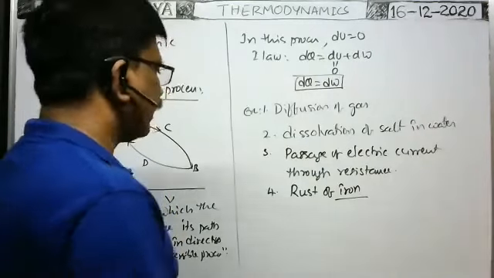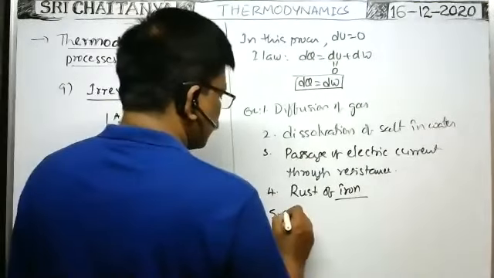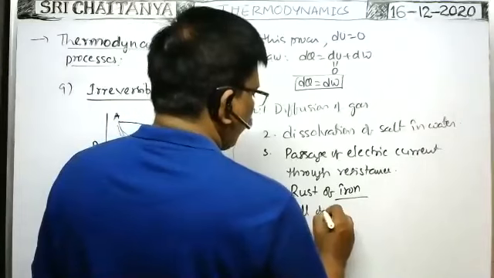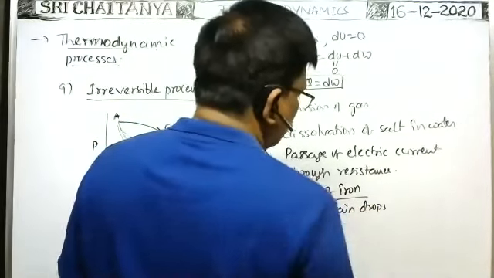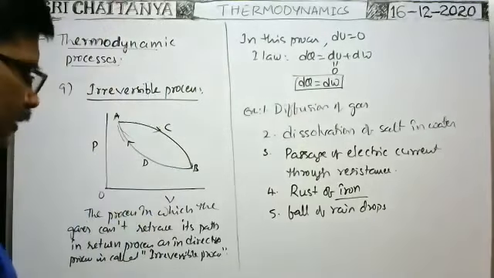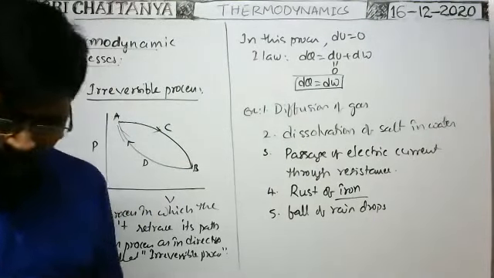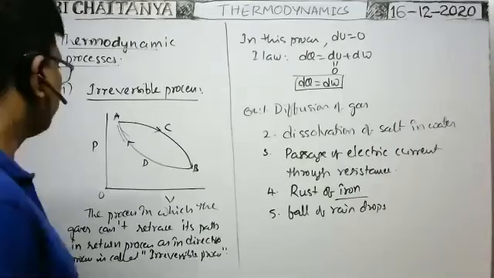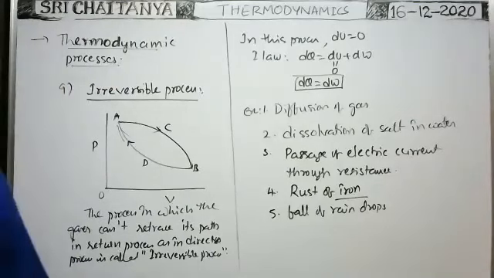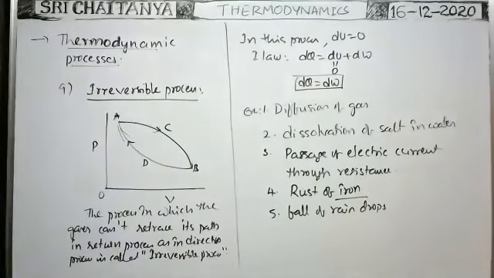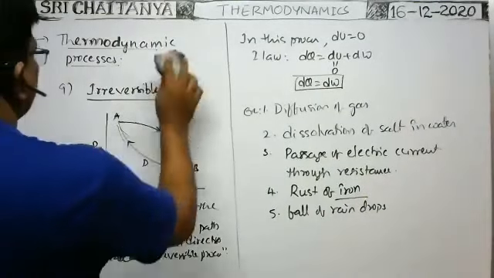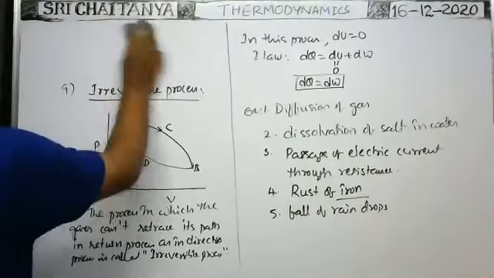That's why the fall of raindrops, etc. These are all examples of irreversible processes. So these are the different processes.